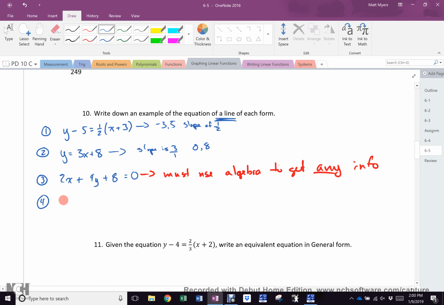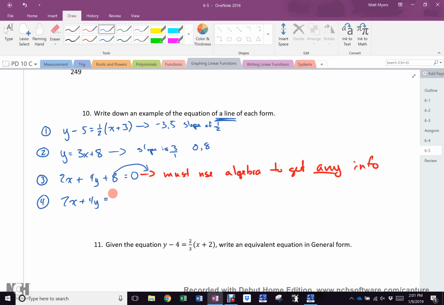And the last one, the ugly cousin, keep this. What would it be? Standard form. Equals... What's wrong with 8?